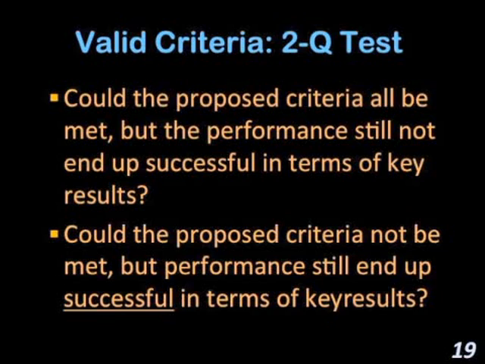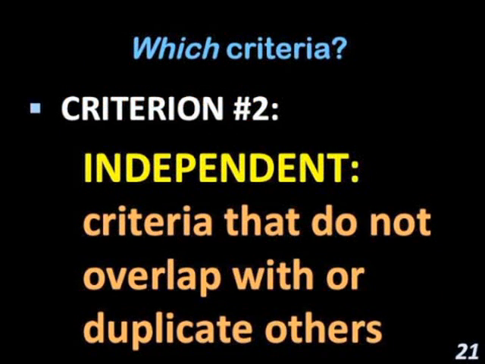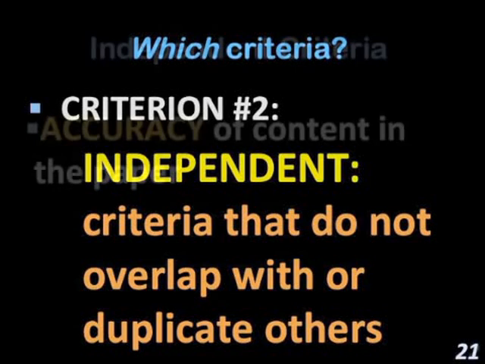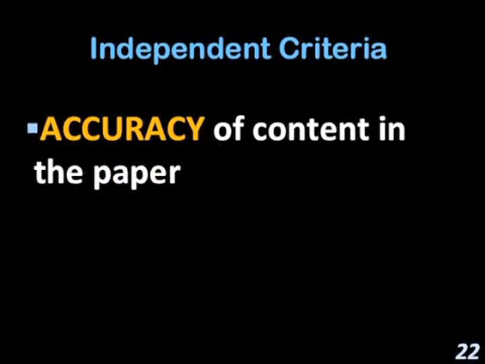Our second criterion for good criteria is independence. We need criteria that are independent of one another so that there's no overlap or duplication. Here's an example. Suppose we're assessing the student's paper, and we say we want the content of that paper to be accurate.